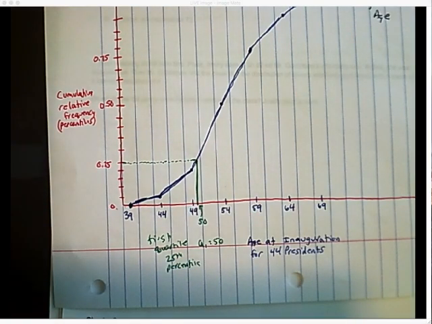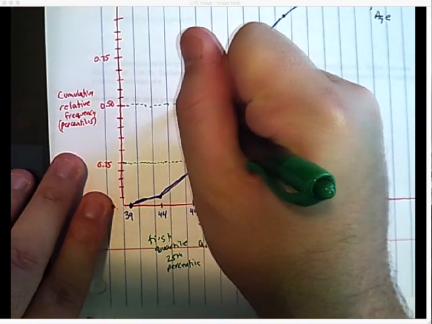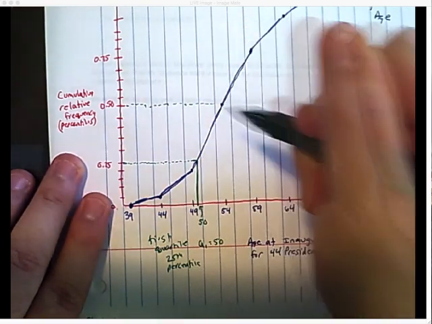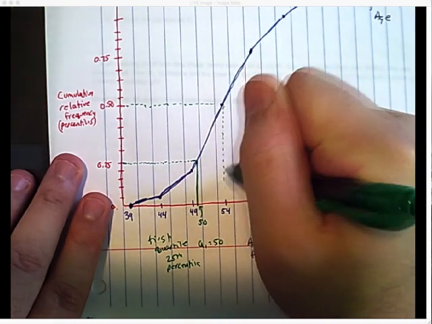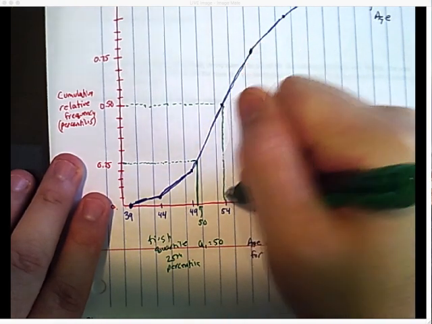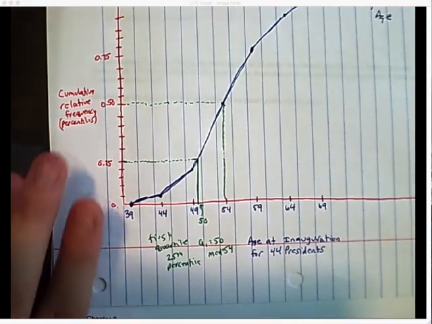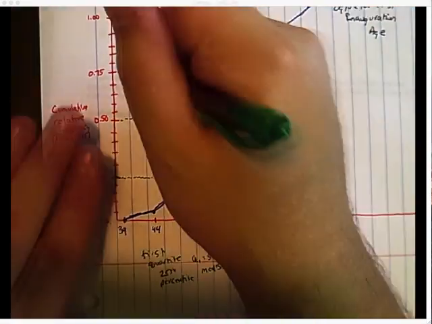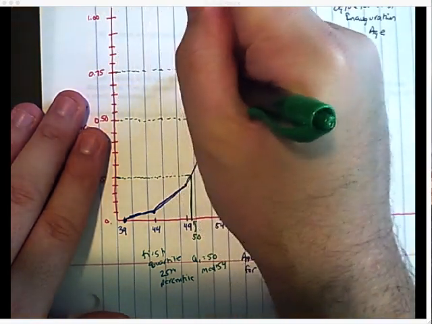Okay. What about the median? Well, the median is the 50th percentile. It means half the presidents are older than this age. That falls at an exact point. So when I take that down, the median age for a president is 54 when they're inaugurated. All right, for the 75th percentile, take that across.